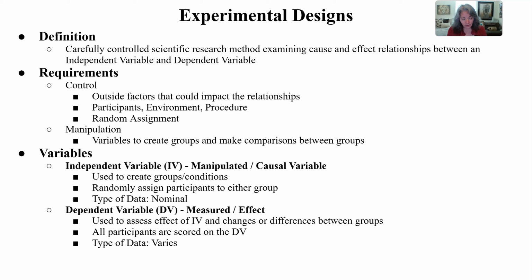And when we're talking about experiments, specifically, that is the only method that allows us to examine cause and effect relationships. And in order to do so, it needs to be very carefully controlled. So all experiments require control and manipulation. We have to control outside factors that might potentially influence the outcome by maintaining a very carefully controlled procedure that we utilize.